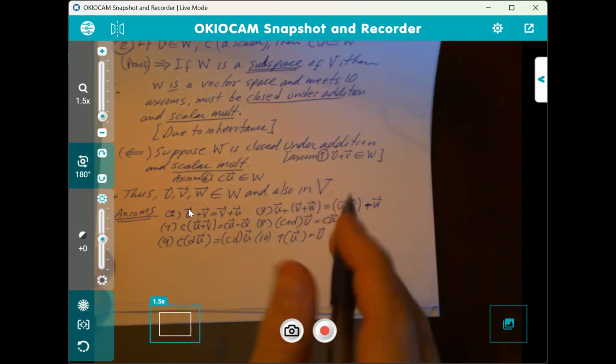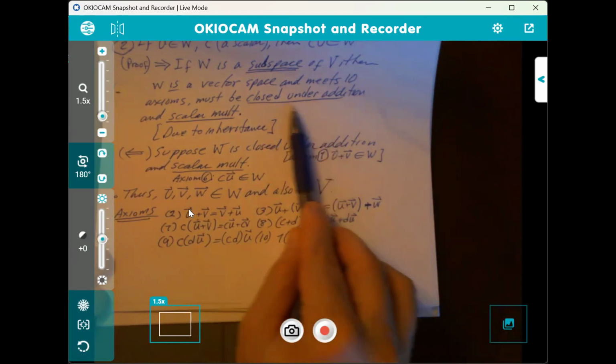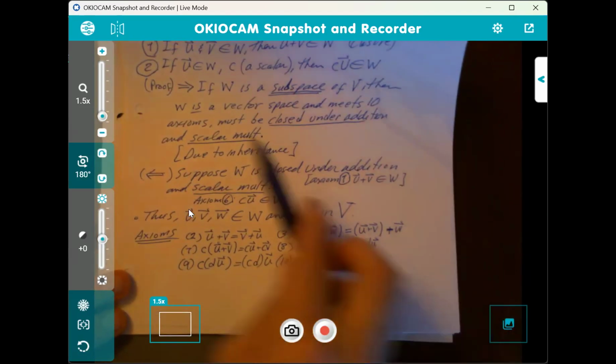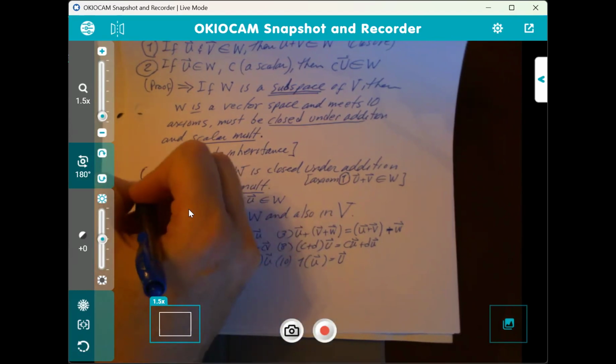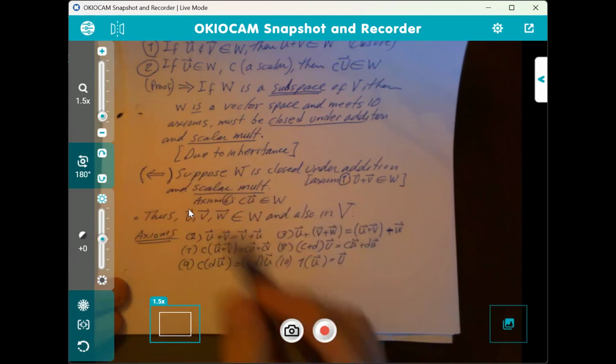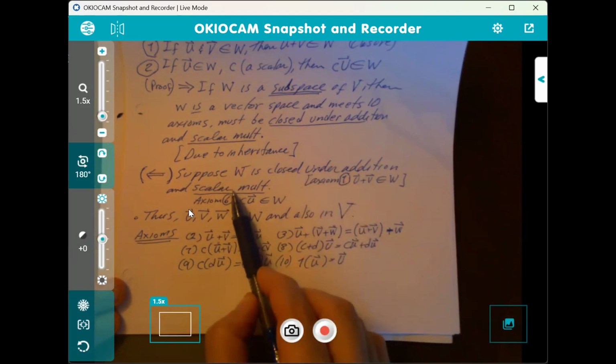Now, because W is closed under addition, remember that was our supposition here, right? Right in here. We are doing the proof going from right to left. So here we said, suppose W is closed under addition and scalar multiplication.